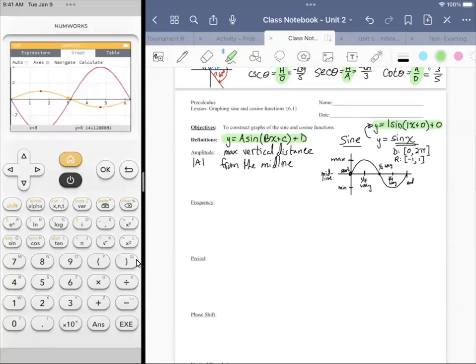It's still going to have a maximum distance away from the x-axis of 4 units, but a negative creates a reflection over the line y equals 0, so the horizontal axis. So if a itself is less than 0, you're going to have a reflection over the midline.